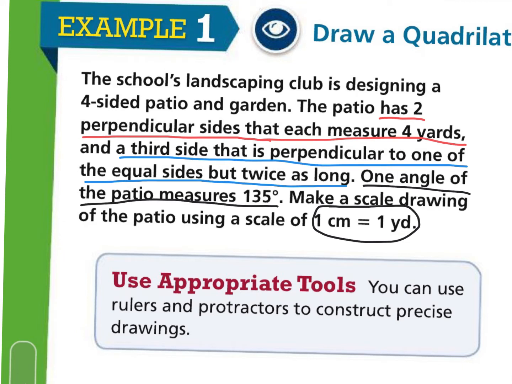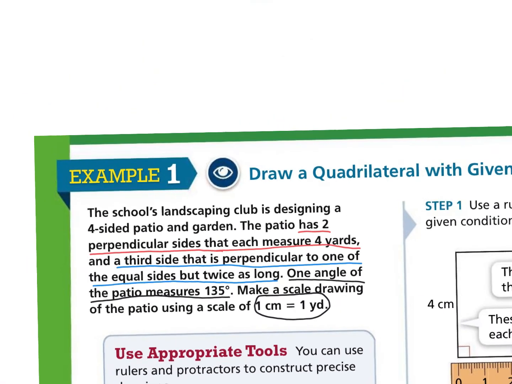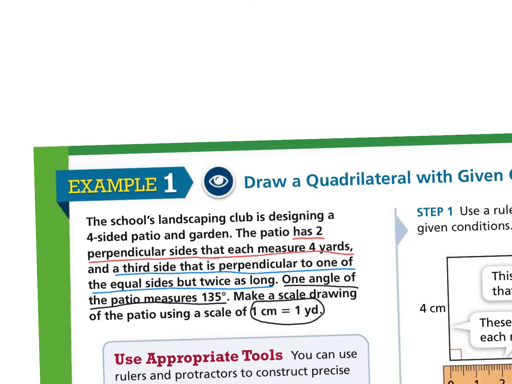Okay, so we could do this with our rulers. We would be using the centimeter side. One thing before we get going on this would be that we need to make sure we know what perpendicular means. So I think we've talked about that before, but perpendicular means that they meet at a right angle.